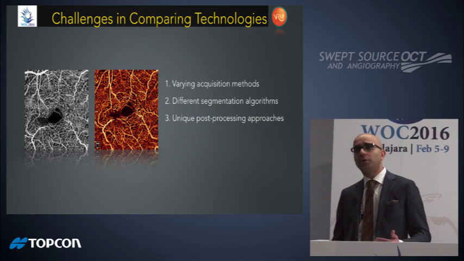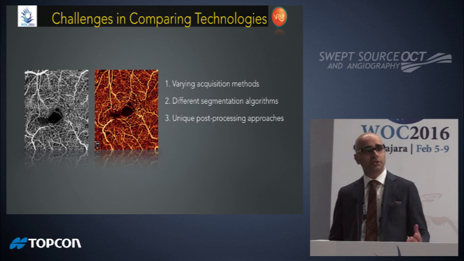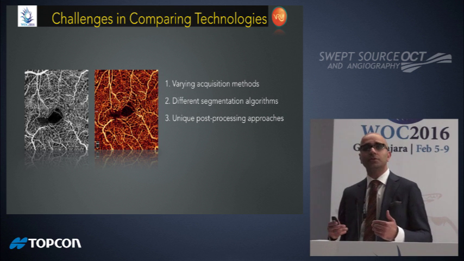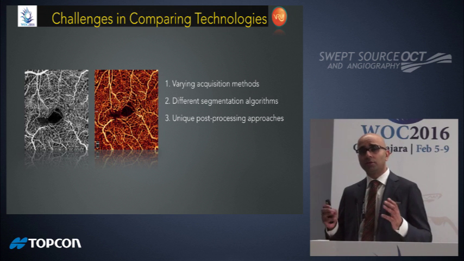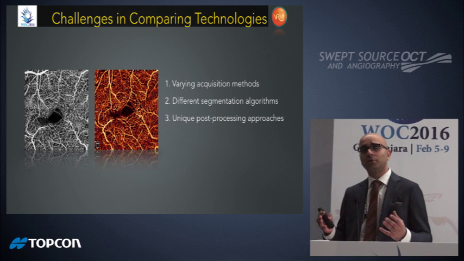The differences between segmentation algorithms can be the difference between detecting membranes and detecting pathology or missing them, and we'll see some examples of that. And ultimately, there is a post-image acquisition processing that occurs with every machine, and these technologies do this differently. So while I am going to present some information on spectral domain and swept source, it's important to realize that devices themselves are designed and built very differently.